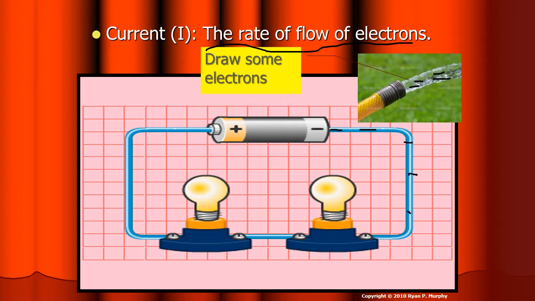They're going to go through this wire, through the filament in the light bulbs. They're going to come out the other side, go through another light bulb, and all of these little electrons are what are going to make the wire in the light bulb light up. And then they're going to come around all the way to the other side and be attracted to the positive side and go back in this side of the battery.